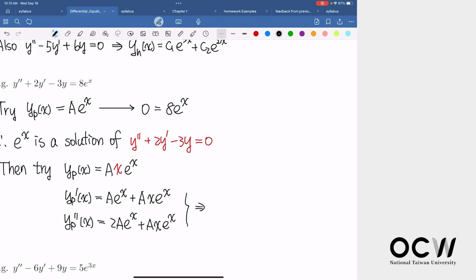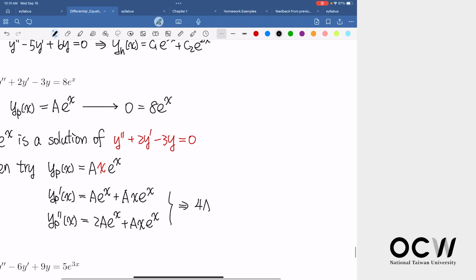Then you can find 4a equals 8, then a equals 2. Then that is your particular solution. Plus your homogeneous solution, then that forms the general solution.